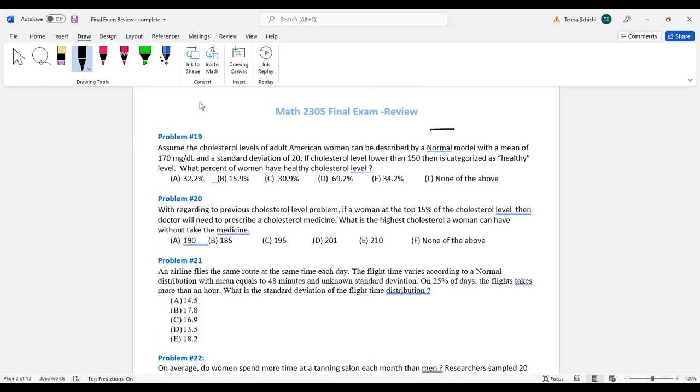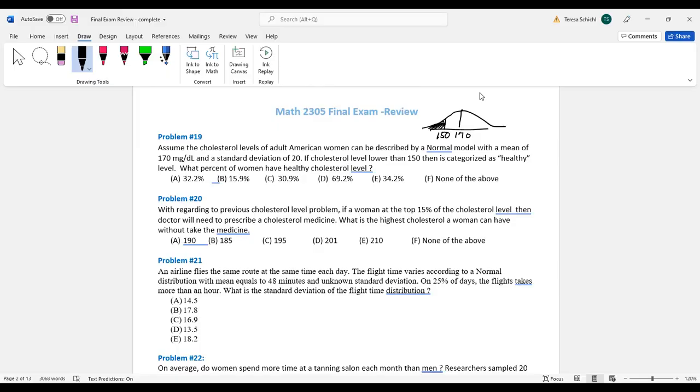Like we say, we always like to draw the pictures. Here the mean is 170, and we want to see 150. 150 is here, and since we say less than, it will be here. So we try to use the TI-84 calculator to find the probability.